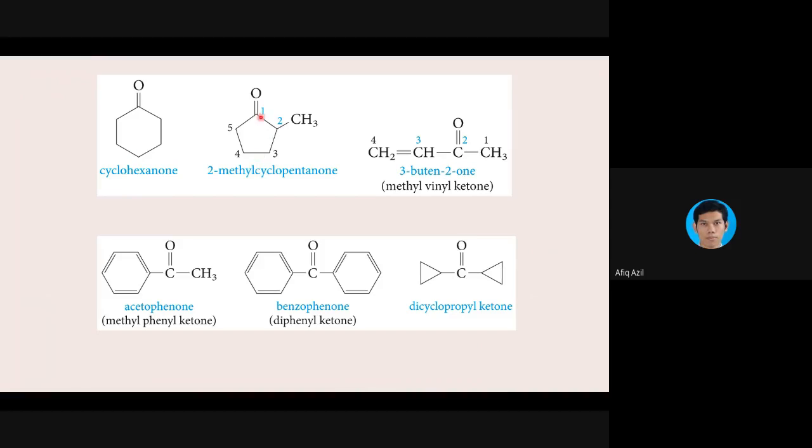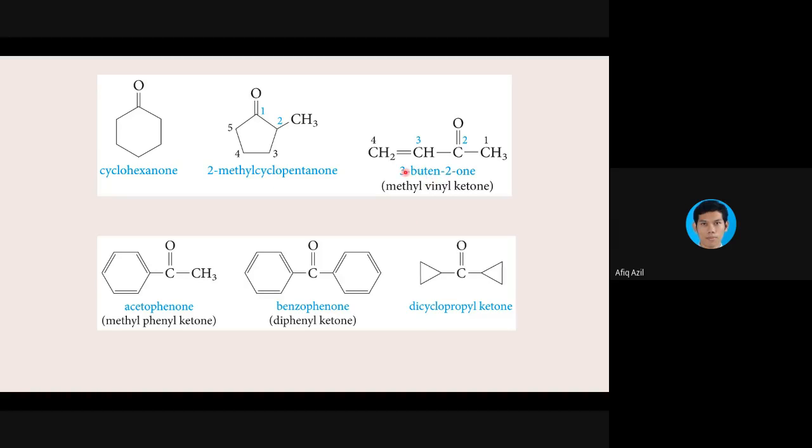And this one, from cyclopentane, has two substituents: you have a methyl group and you also have C double bond O. So always pick C double bond O as carbon number 1. So the name will become cyclopentanone. Then there is a methyl group over here, so 2-methylcyclopentanone.